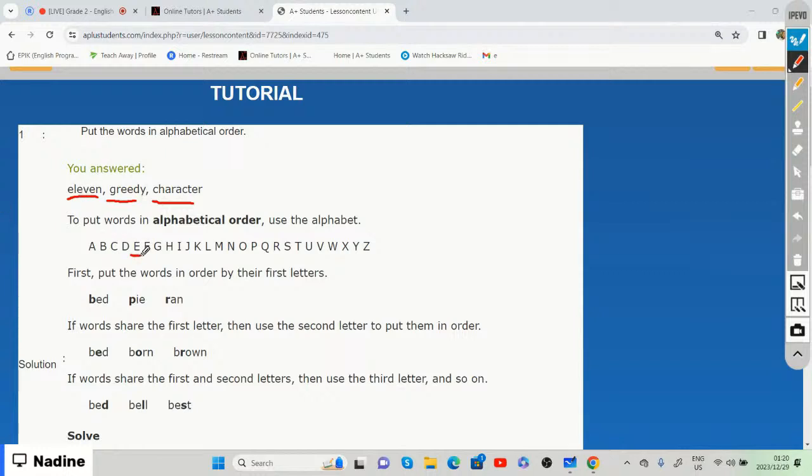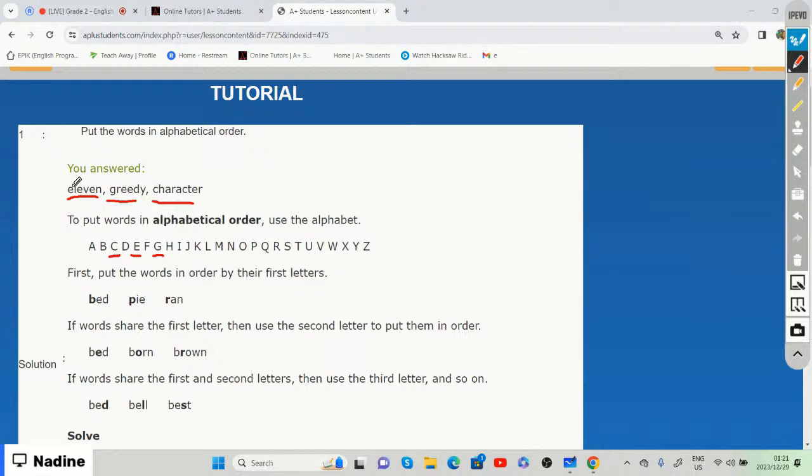All right, so we have 11, starting with an E. We have greedy, which starts with a G. And then we have character, which starts with a C. If we look at those letters that I've underlined, which one comes first?